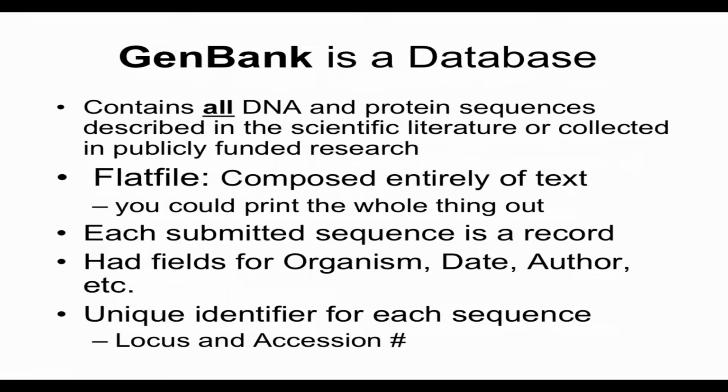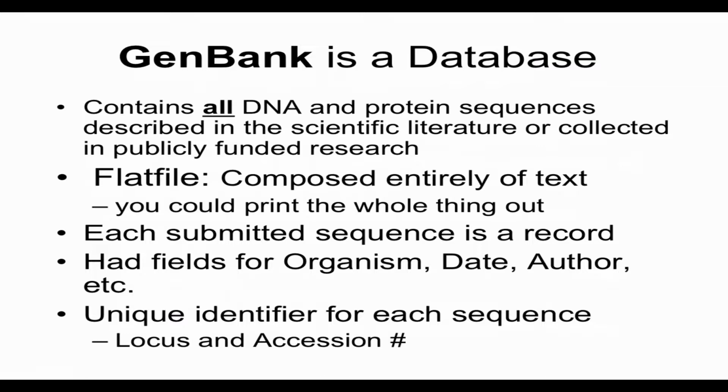As I mentioned before, text is a universal format, and you can get data out of GenBank in what they call a flat file, which is simply a formatted text file. And I'll show you an example of that in a second. Every submitted sequence is a record. Sequences can be really small, like a primer, or they could be really large, like an entire chromosome from a de novo assembly project, or the complete genome of a bacteria.